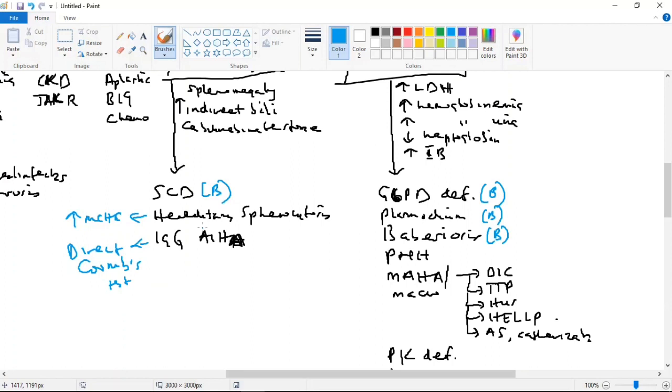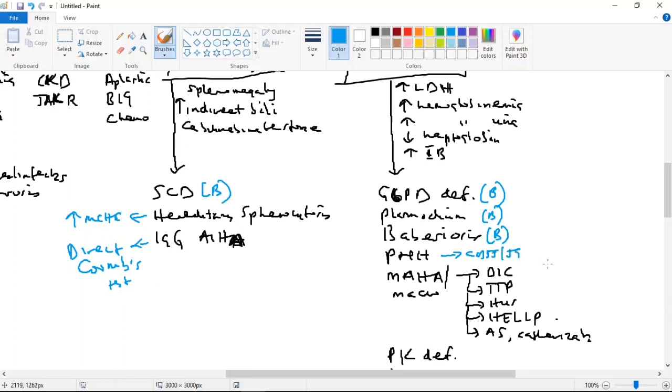One of the proteins it anchors to the membrane of myeloid stem cells is DAF, decay accelerating factor, or CD55, and CD59.